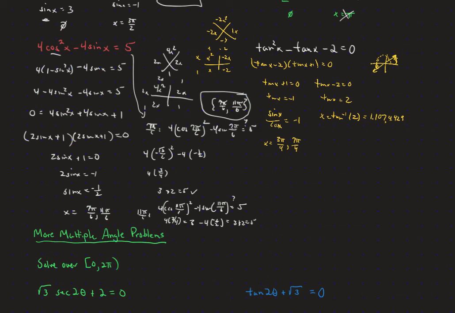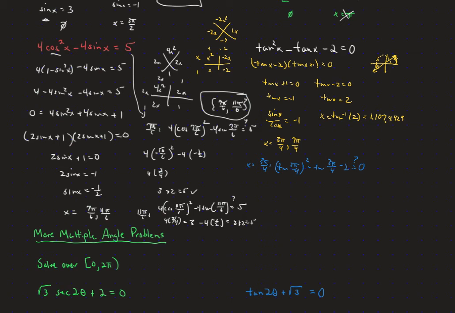So we are going to test 3 pi over 4. So we can take the tangent of 3 pi over 4, square that, minus the tangent of 3 pi over 4 minus 2, and ask the question, is that 0? Now tangent of 3 pi over 4 is going to be in quadrant 2.